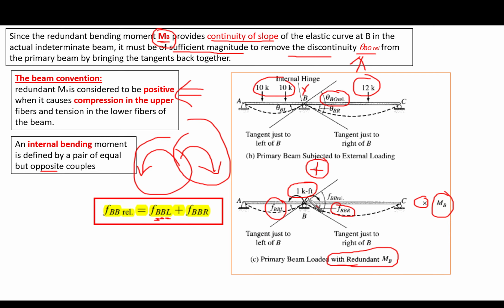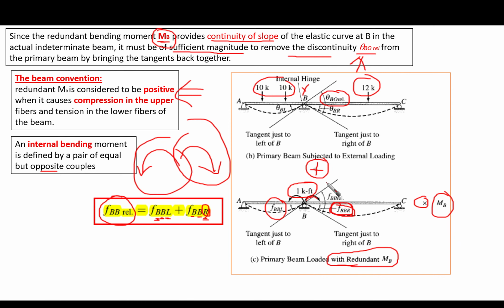So whenever we add this unit moment here, it would cause an angle to occur, meaning the slope at point B, due to application of the unit moment at the same point B, on the right of point B. And FBB relative is going to be the summation of both.